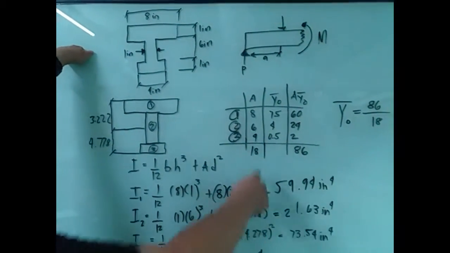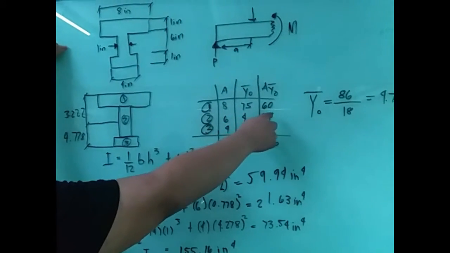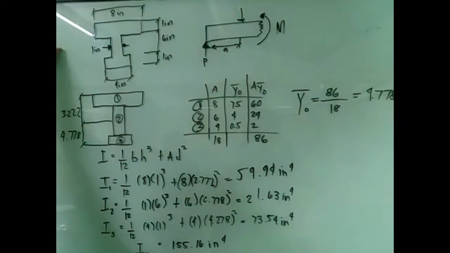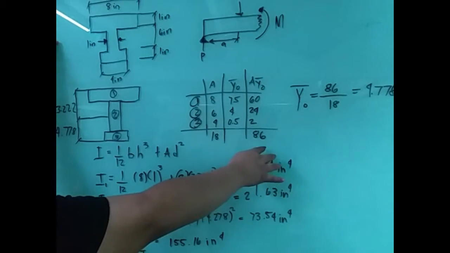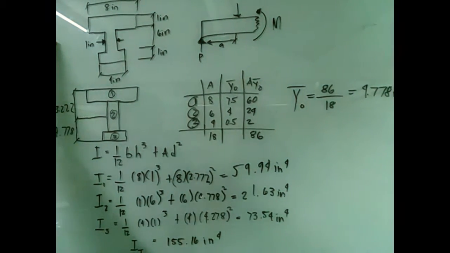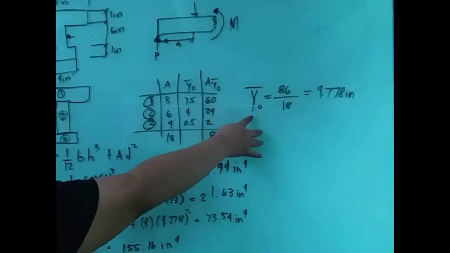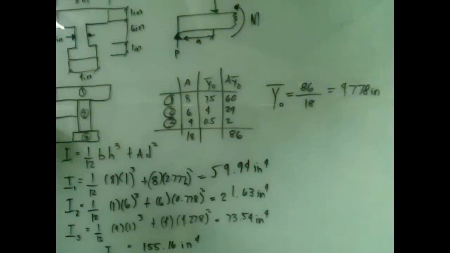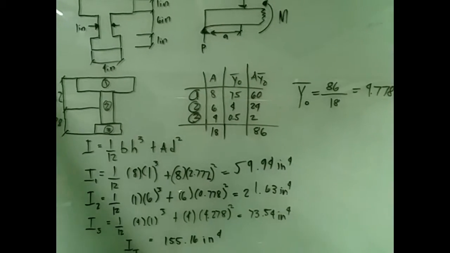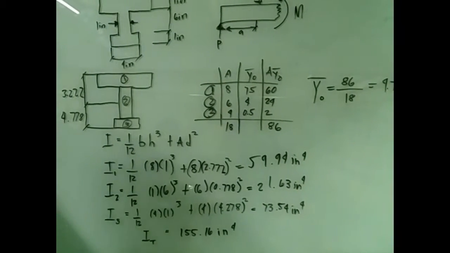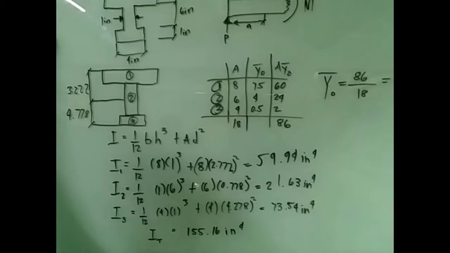And then we multiply the area and y sub o. We get the total of the area and of the area times y sub o, for us to get y bar.